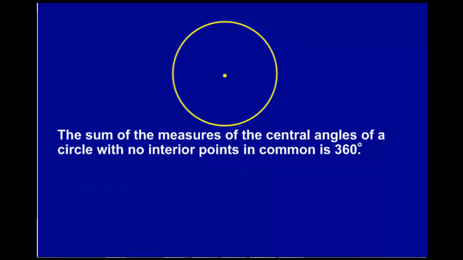So, as we look at this first slide, what we're going to see is the sum of the measure of the central angles of a circle with no interior points in common is 360.